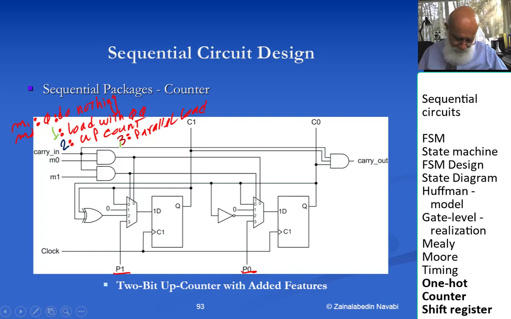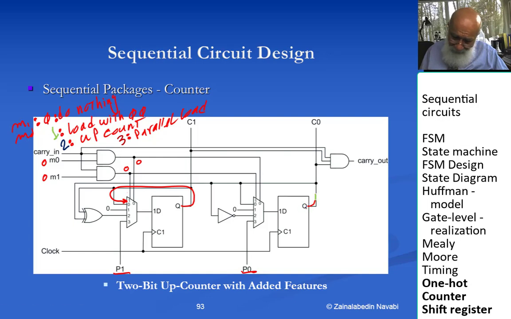If this is 0, 0, I'm gonna get the 0 here, the 0 here, the 0 here and 0 here, and therefore this will go back to itself.